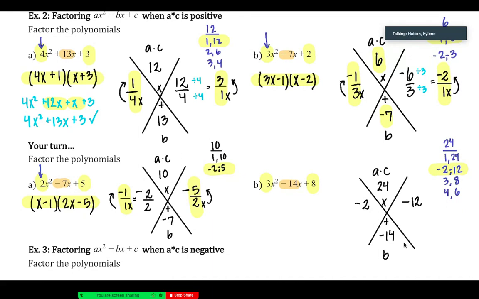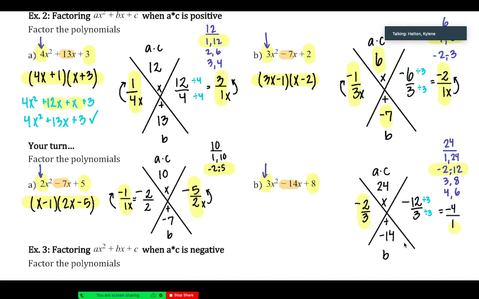I have to remember to write them over my A value, which is 3. So over 3, and then reduce if you can. The negative 2 over 3 can't be reduced, but the negative 12 over 3 can. If I divide them both by 3, negative 12 divided by 3 becomes negative 4, and 3 divided by 3 becomes 1.